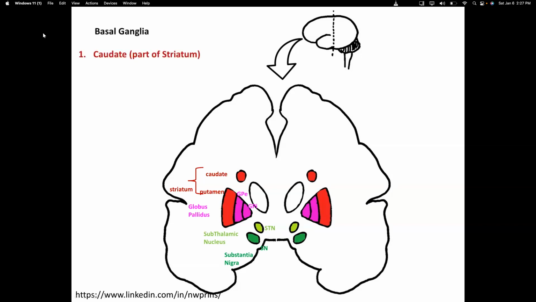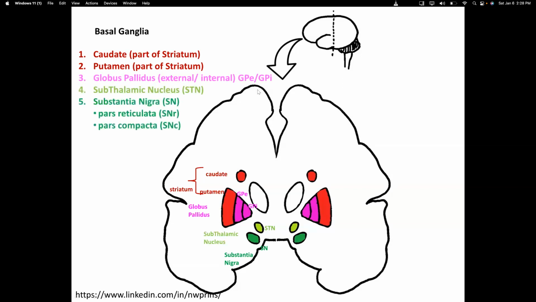So to summarize, we have 5 parts of the basal ganglia: the caudate and the putamen, making up the striatum, the globus pallidus, external and internal, the subthalamic nucleus, and the substantia nigra. The substantia nigra is further divided into 2 parts, the pars reticulata and the pars compacta. The basal ganglia receives information from the cortex, processes it, and gives the output to the thalamus.